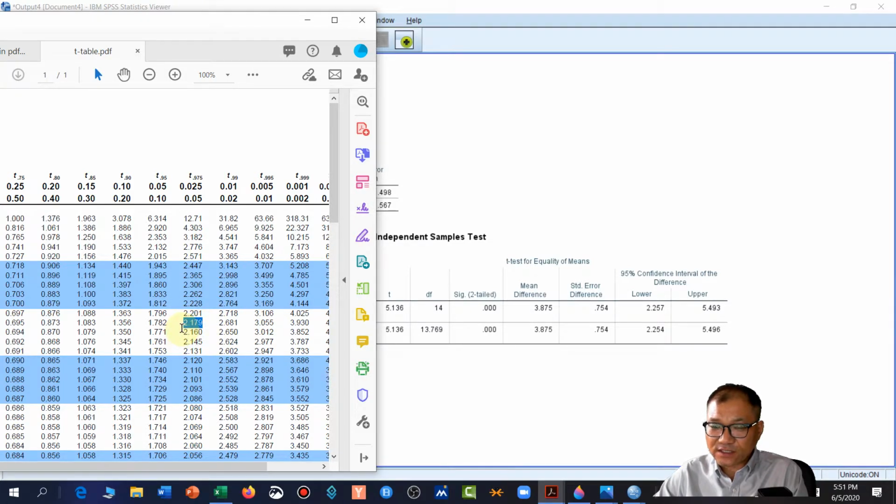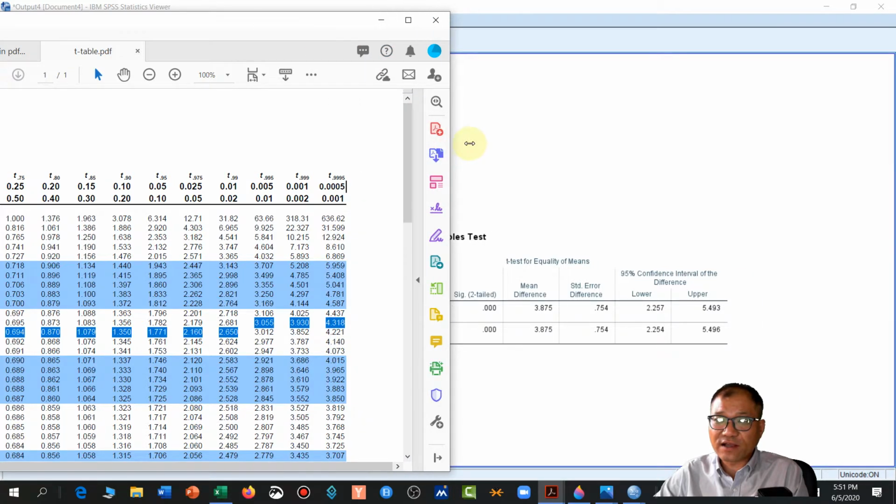Let's take a look at our t-value. Our t-value is 5.136, which is way bigger than right here, 2.179. This t-value is way bigger than what is recommended to be statistically significant in the mean difference.